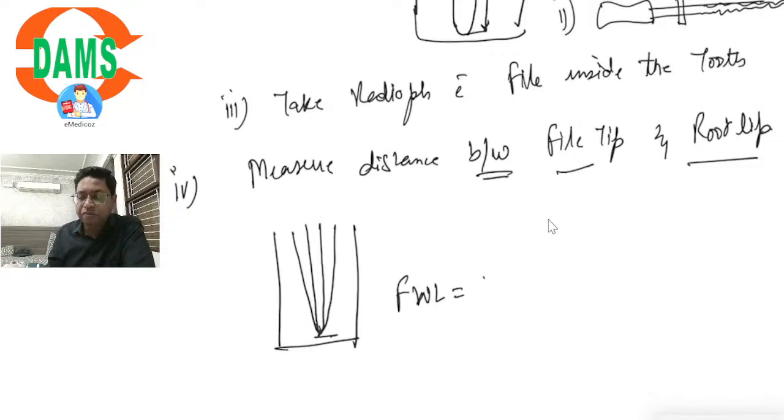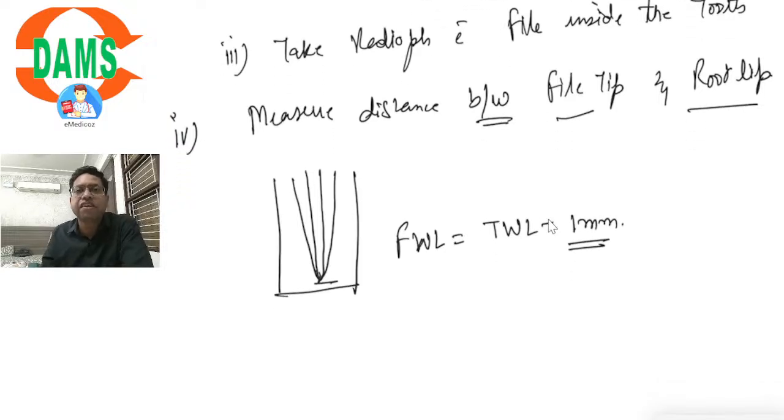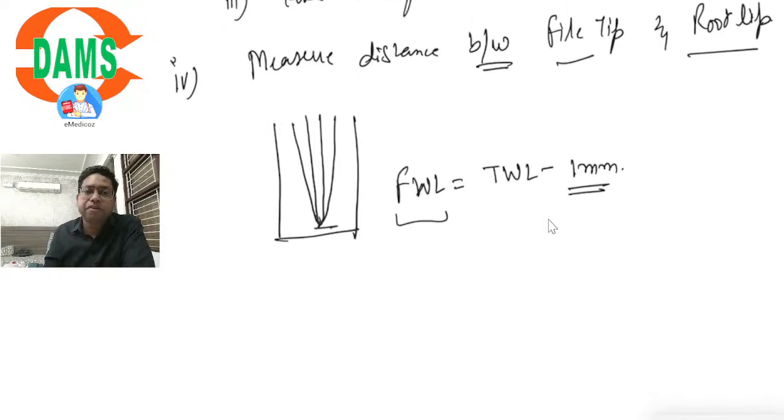Final working length would be tentative working length minus 1 millimeter, because always remember 1 millimeter is the safety factor in the guidance used in Ingle's method. The tip of the file should be 1 millimeter short of the radiographic apex of the tooth. In our scenario, at the tentative working length, the file was exactly at the root tip, so the final working length would be tentative working length minus 1 millimeter.